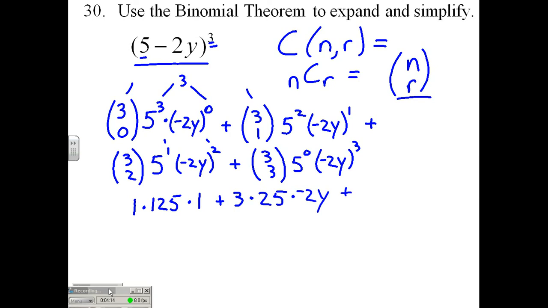Plus our third term, C3,2 is also 3, times a single 5, but negative 2y squared, positive 4y squared.